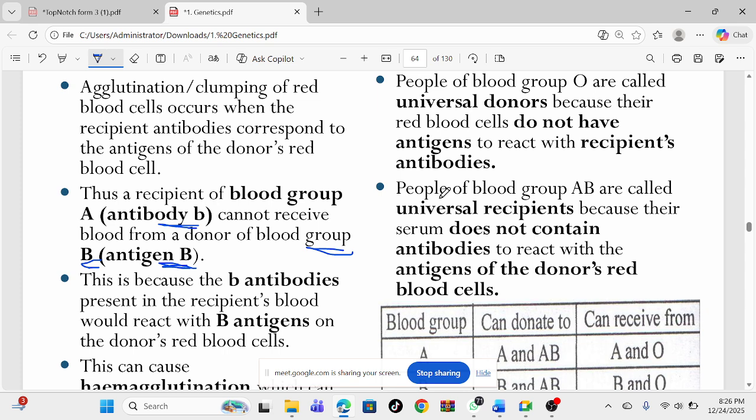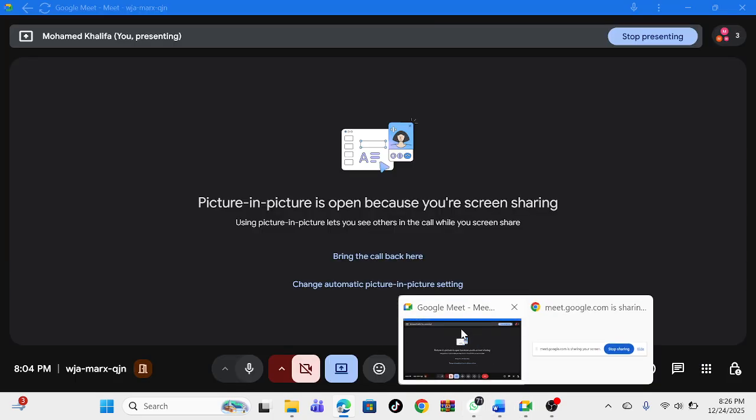For example, let me use an example from my group.